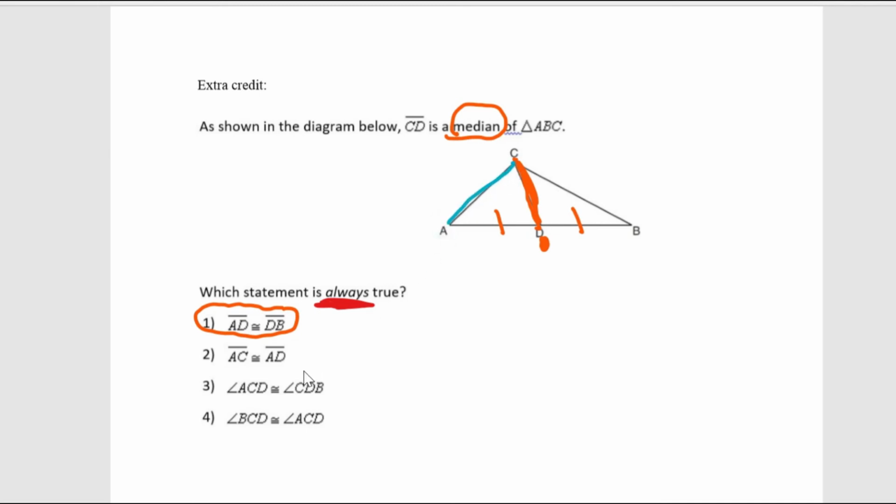Is that congruent to AD? Based on this information, I do not know, because I'm going by the definition of the median, so I do not know if AC will always be equal to AD based on the information that's given. So that's out. Let me erase that.